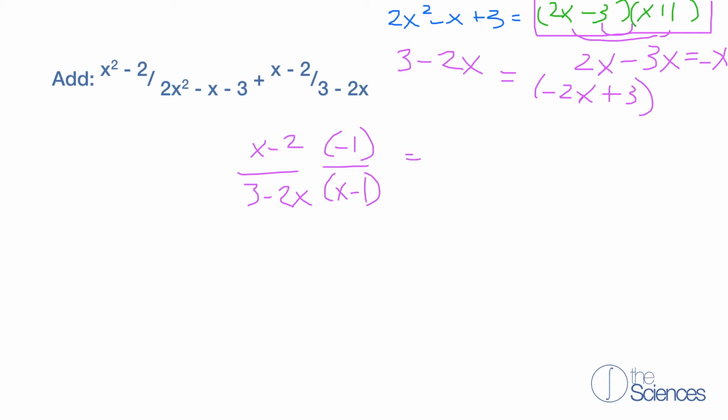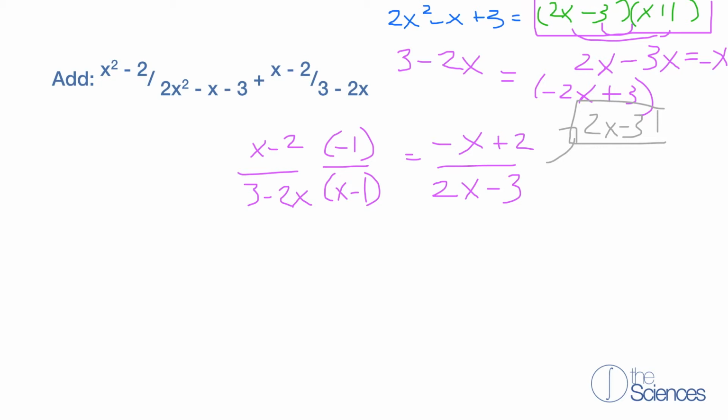So now what we get is -x plus 2 over 2x minus 3. So now our factor becomes 2x minus 3 for our second term.